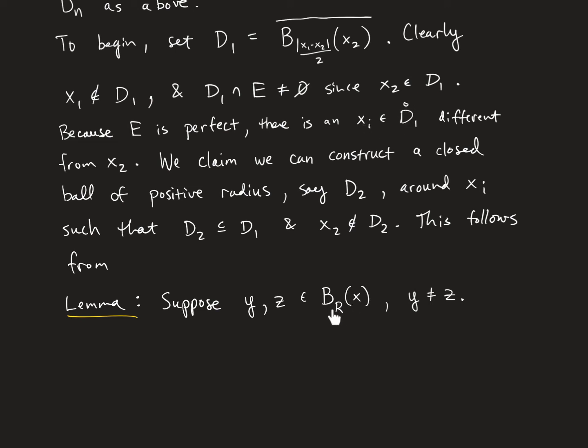They're in the interior of the ball, so that's why the ball is open here and not closed. So we have two things in the interior of the ball. They're not equal, and what we want to do is put a closed ball around one of them that avoids the other one. Then there's an epsilon such that the closed ball of radius epsilon around z is contained in the original ball, and y is not in that closed ball.